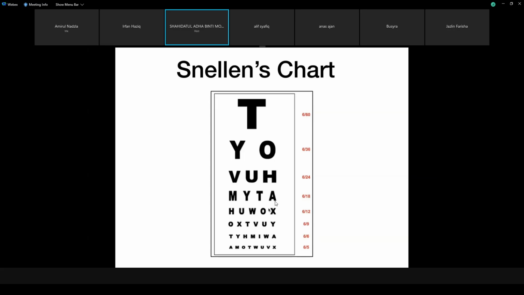It's not just 6/12. If you write 6/12, it means the patient can see all of this. So if the patient can only see HU, you can write 6/18 plus 2. So anyone who looks, any ophthalmologist, will understand that the patient can see the 6/18 line plus 2 letters from 6/12.